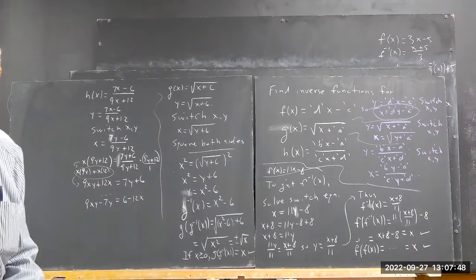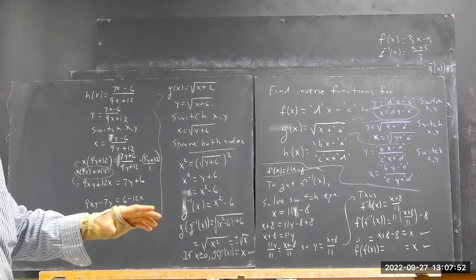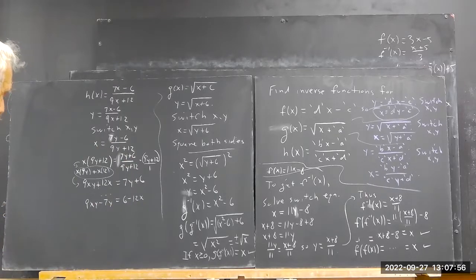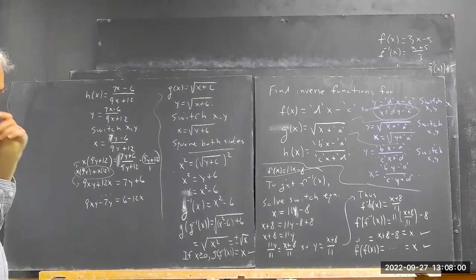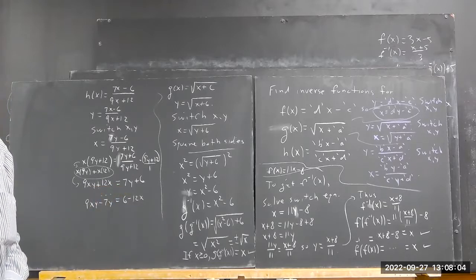I want you to write out that step though. It's not like we're moving things around. It's like we're following the rules. So when you look at it, you think, well, I want to move that 12x over here, and I want to move the 7y over here. Okay? You do it by the rules though.